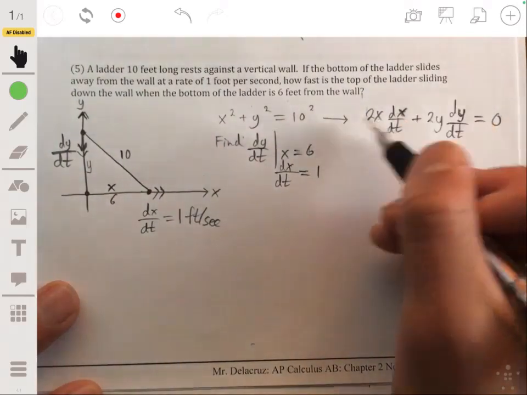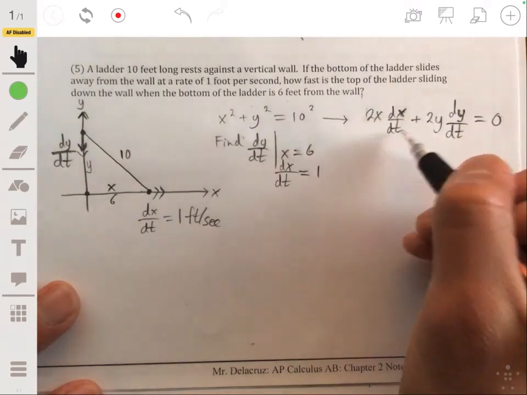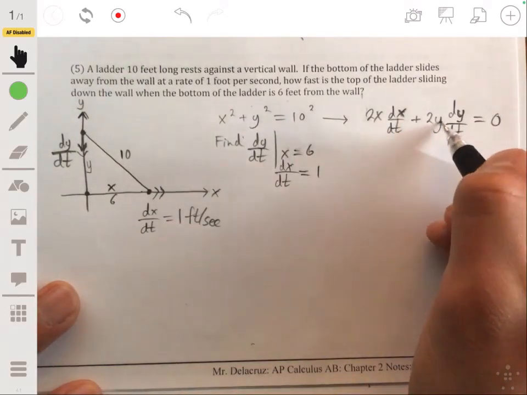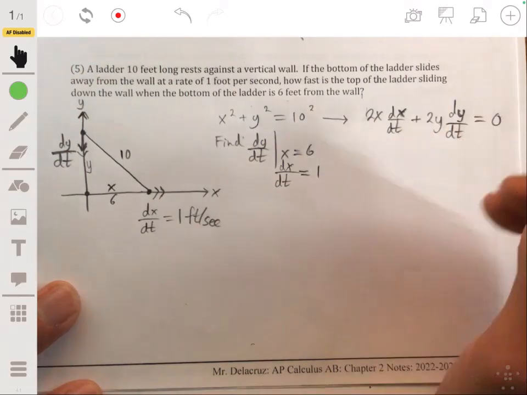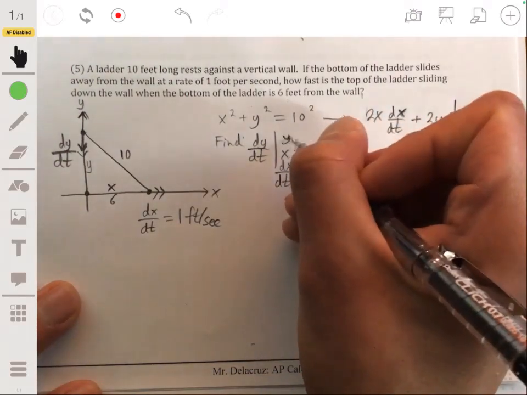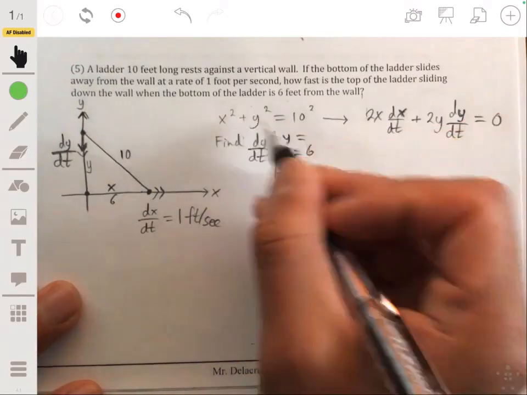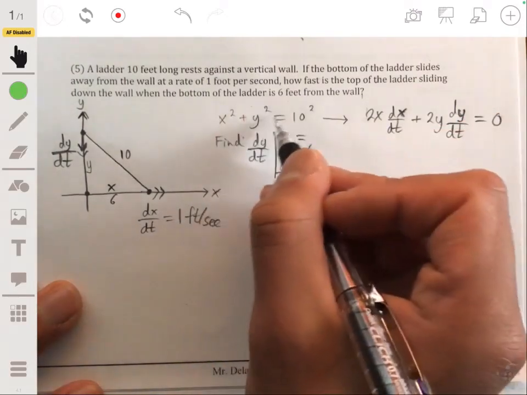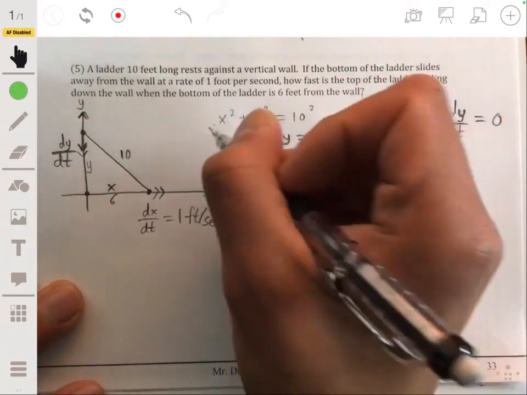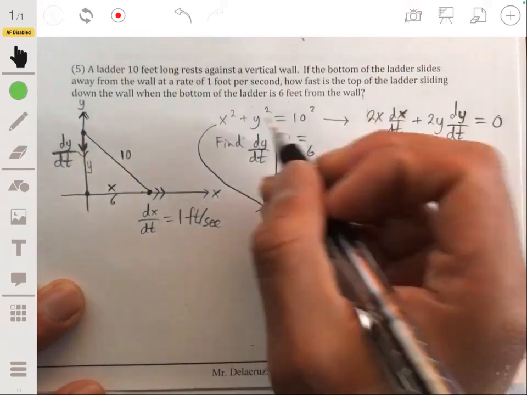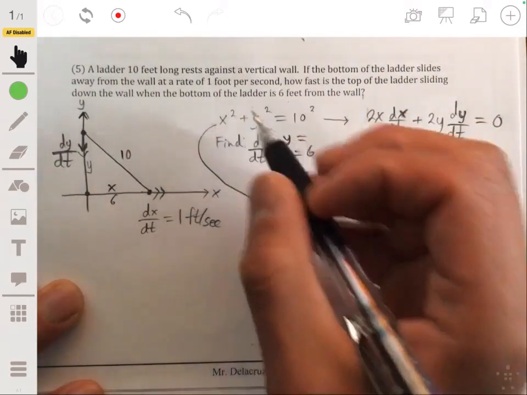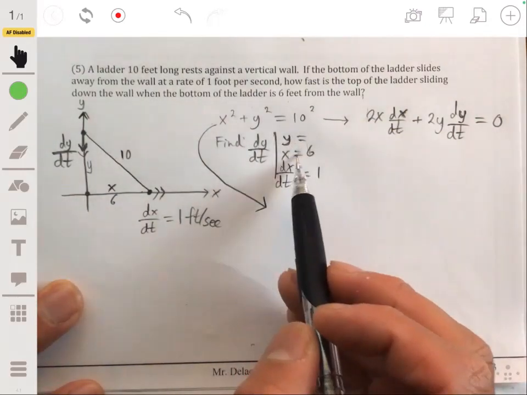Now, we have an x value, we have a dx/dt value, we're trying to find dy/dt, so we need to now figure out what the y value would be. So the y value, let's put it over here, because that's what we're going to fill in our value for y. Remember, we have this as our equation that relates x and y, and we're trying to figure out y when x is 6.